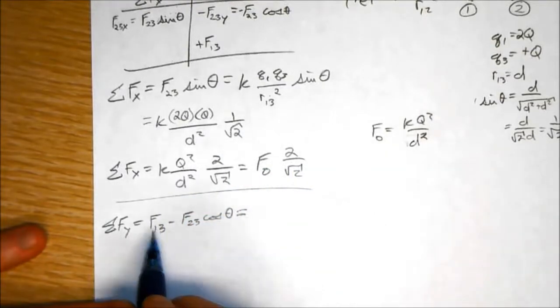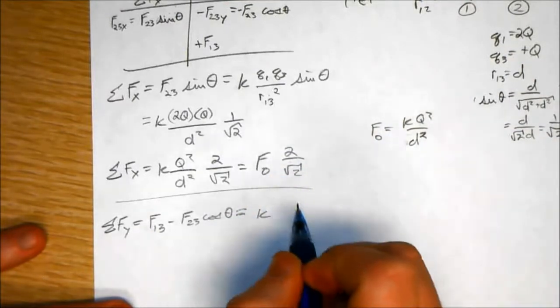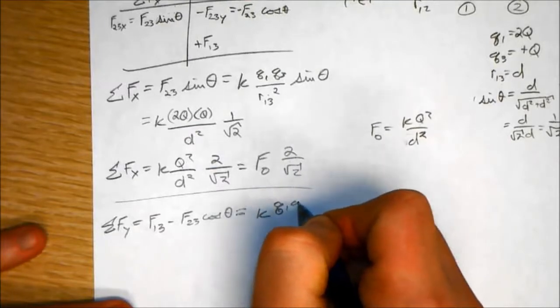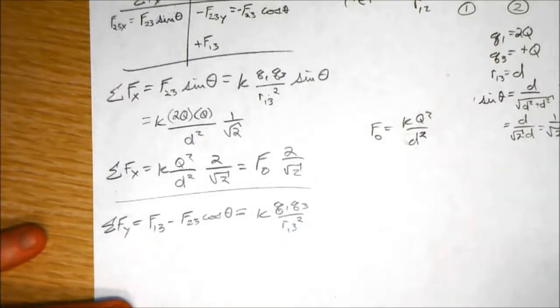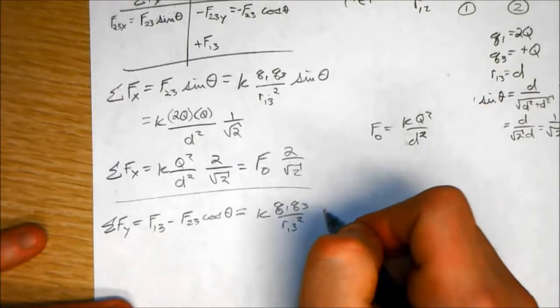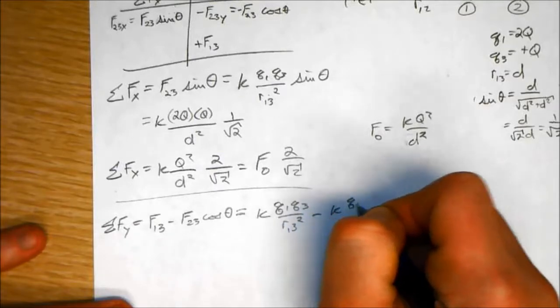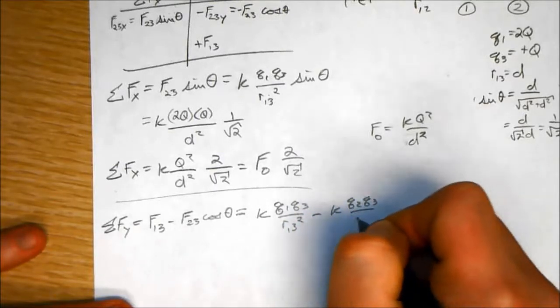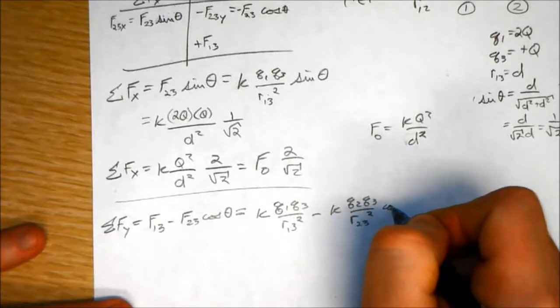This is equal to the magnitude of the force F13, given by Coulomb's law, which is K Q1 Q3 over R13 squared, minus, from Coulomb's law, K Q2 Q3 over R23 squared cosine of theta.